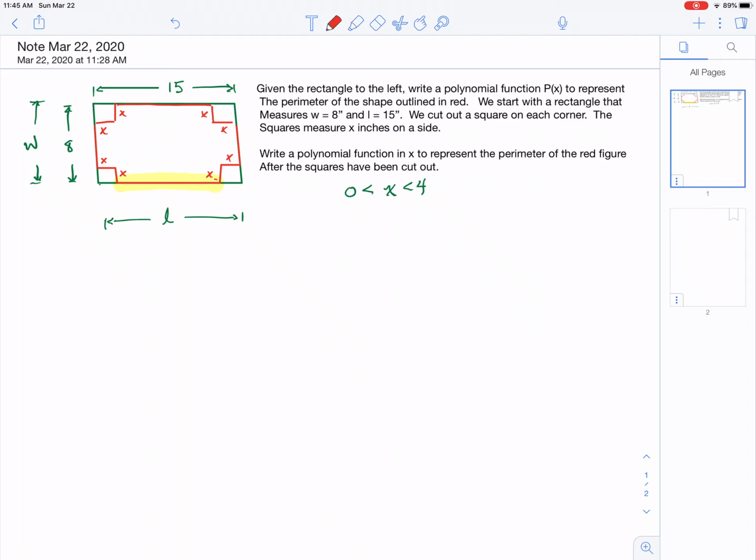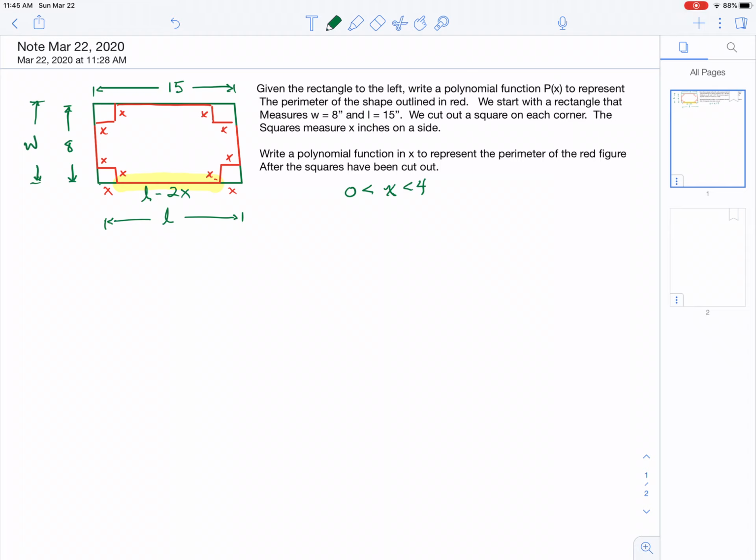If you notice, we start out with a full length of L from corner to corner, and then we're cutting out a little piece on each side that measures x inches for each of those two squares that we're going to cut out. So what happens when I look for the perimeter, the length of this highlighted yellow, is we start with the length L, which is the total distance, and we subtract out two x's, an x from one corner and an x from the other corner.